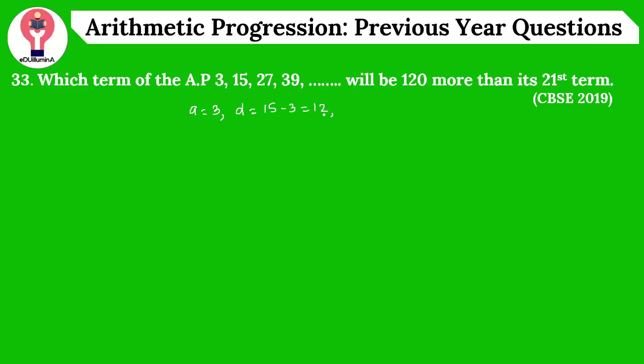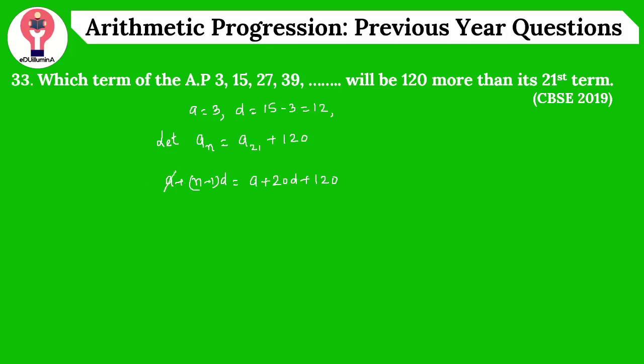Now we want to check which term will be 120 more than its 21st term. So let us assume an is equal to a21 plus 120. Now an is a plus (n minus 1) into d. a21 is a plus 20d, plus 120.